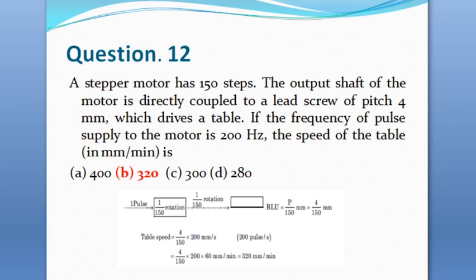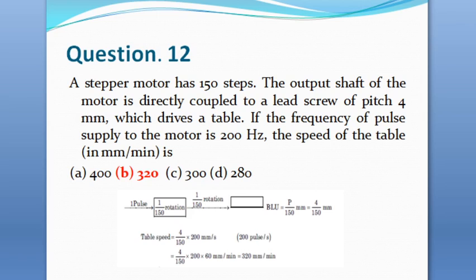12th question, it is also a stepper motor problem. A stepper motor has 150 steps for complete 1 revolution. The output shaft of the motor is directly coupled to a lead screw of pitch 4 mm, which drives a table.